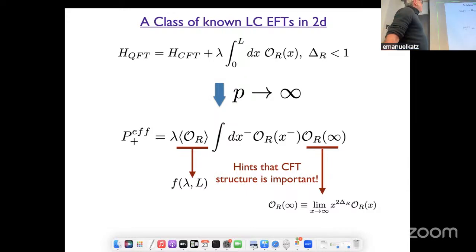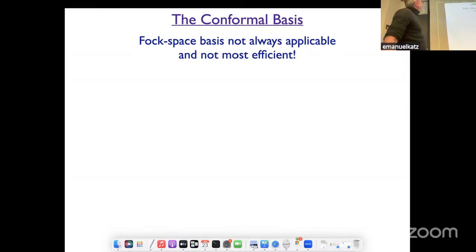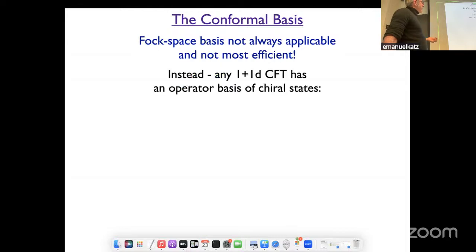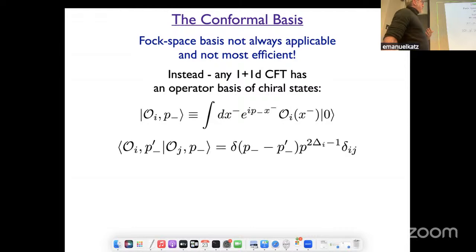Okay, so now I'm just going to tell you what our truncation is and then show you some results. As I said, it's not always clear that the Fock space basis is the most efficient. Instead, this idea of looking at the basis in terms of these chiral CFT states seems to be the more efficient way of thinking about it.